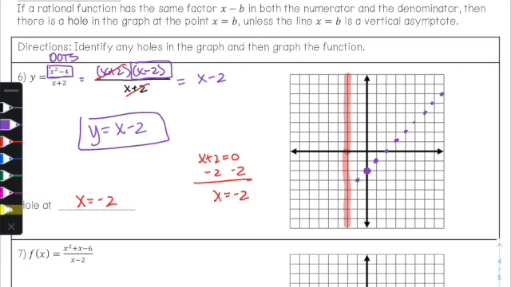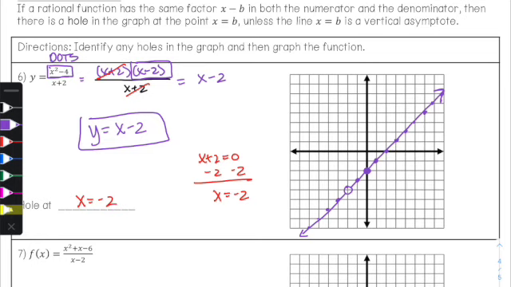Over here, when I'm at x equals negative 2, I'm going to have an open circle there, and the rest of them will be closed. When you draw your line, you have a hole where x is negative 2, so your line does not go through it. You just have an open circle at that point, and that is what this looks like. So we say that we have a hole at x equals negative 2, or you could say that you have a discontinuity at negative 2.